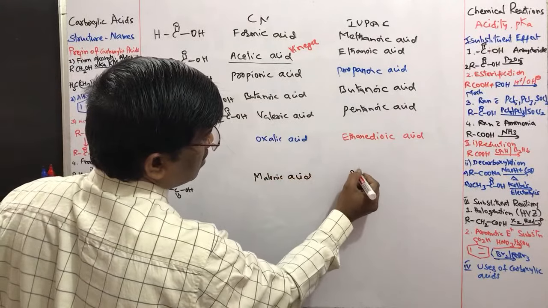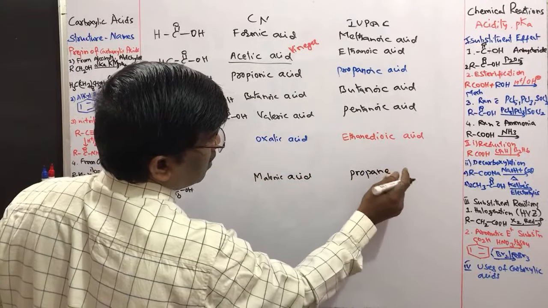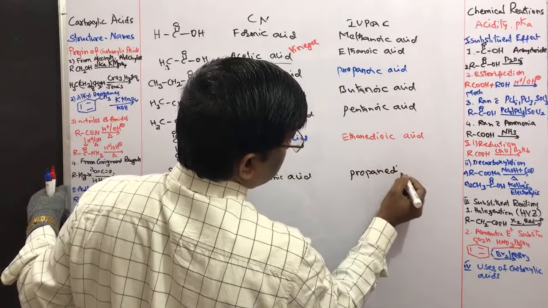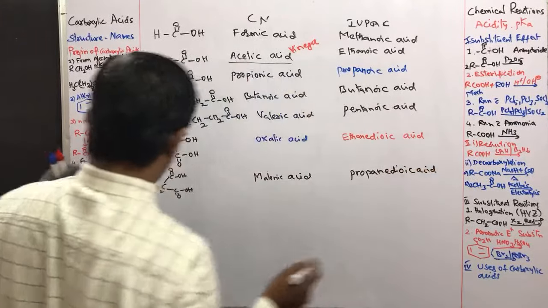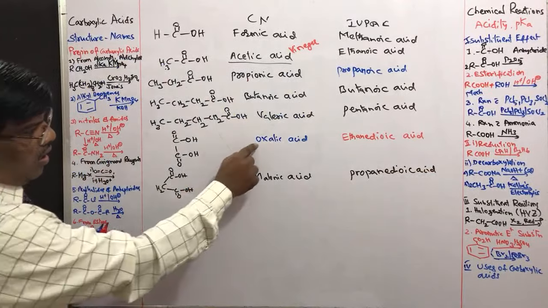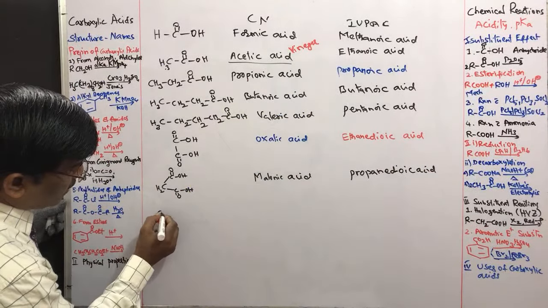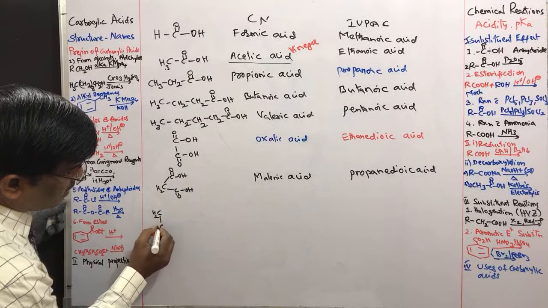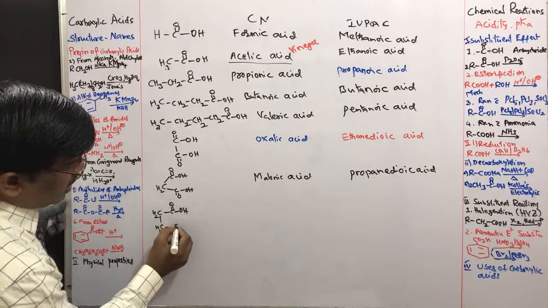This is propanedioic acid. If I increase further, the chain is going to be increased.